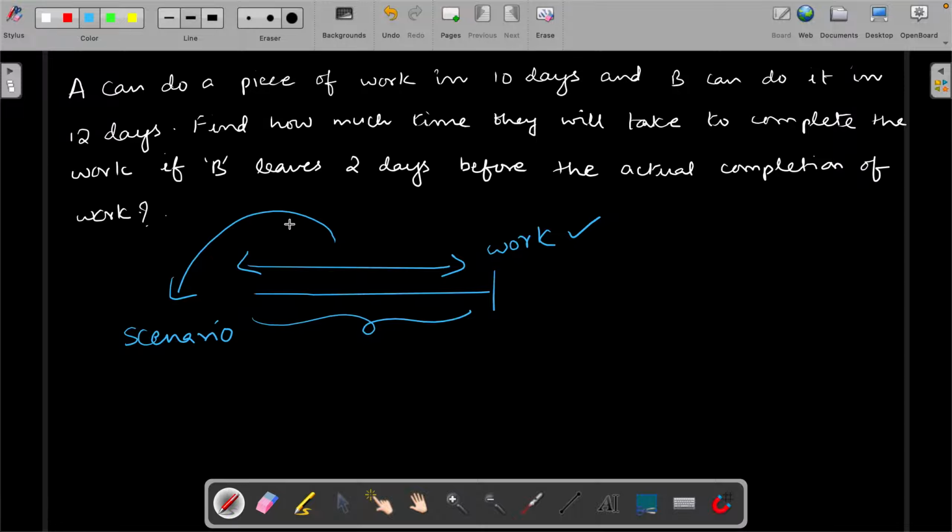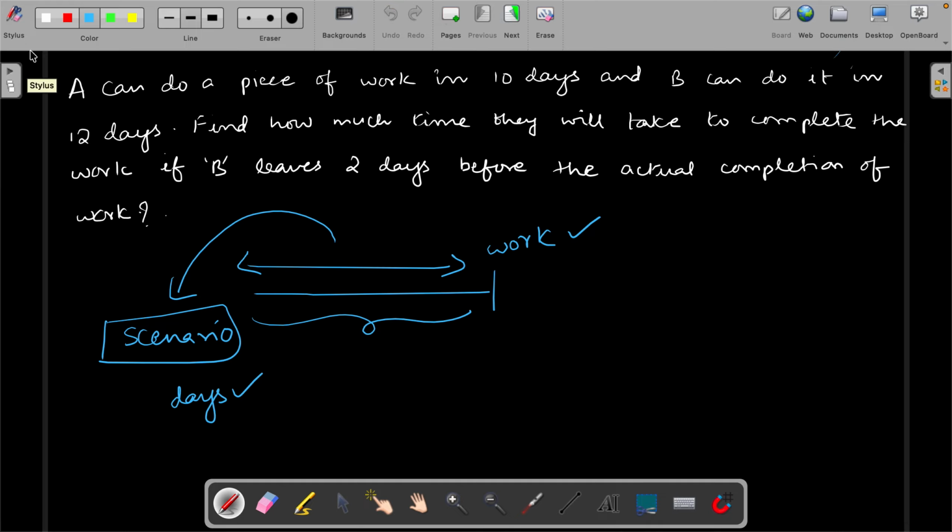If this scenario had occurred in the process of completing the work, we need to find out the number of days it took to complete the work. This is what we need to find out.